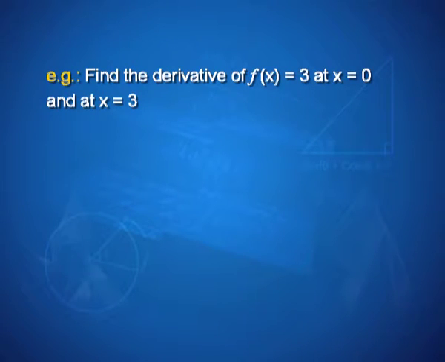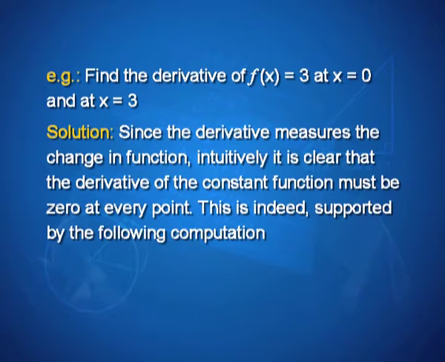Let us look into one more example. Find the derivative of f(x) = 3 at x = 0 and at x = 3. For the solution, since the derivative measures the change in function, intuitively it is clear that the derivative of the constant function must be 0 at every point.